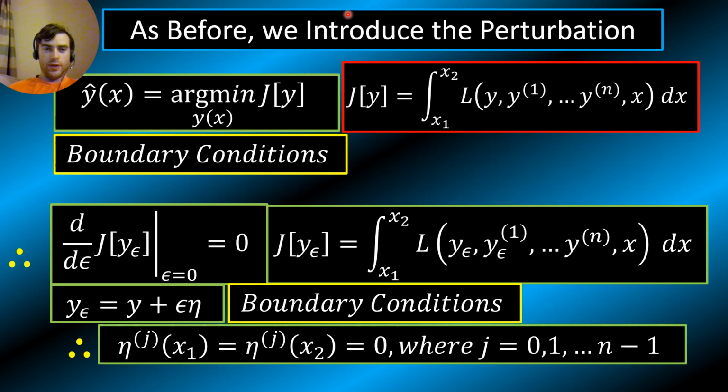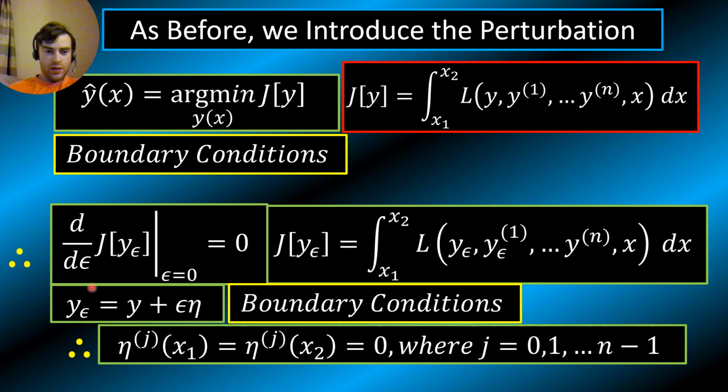So just like before, we introduce the perturbation, and the reason we do this is because we want the derivative in all directions in the domain to be equal to 0, just like in the last video.